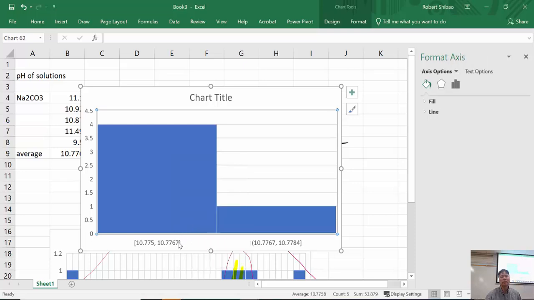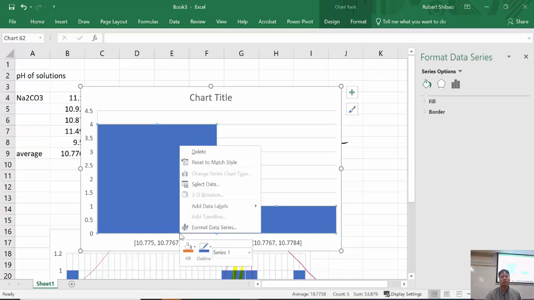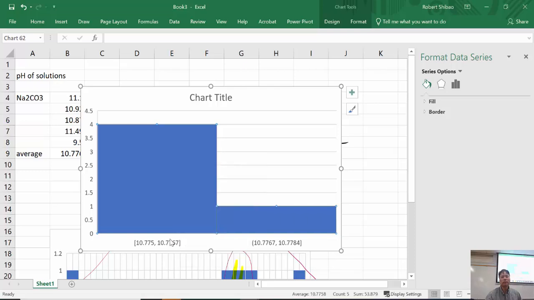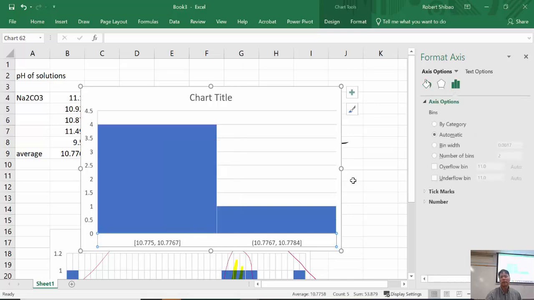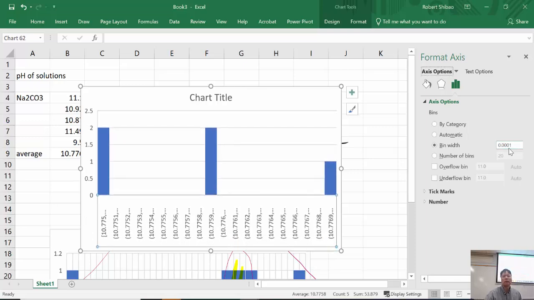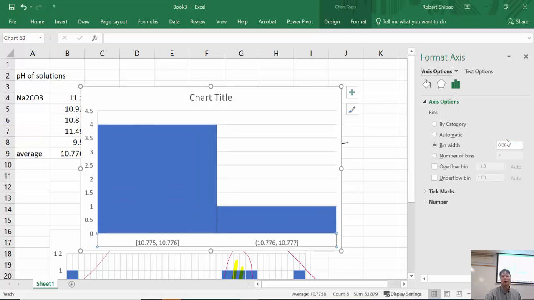I didn't want to format. Going to make it a little big.